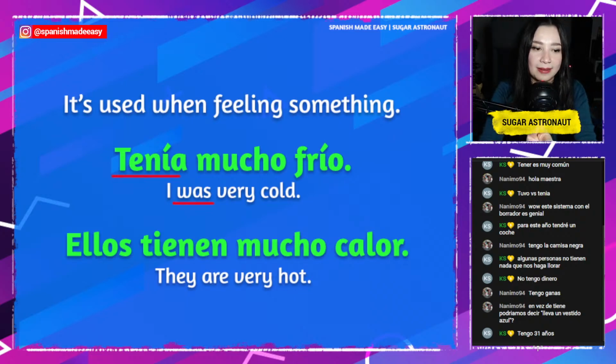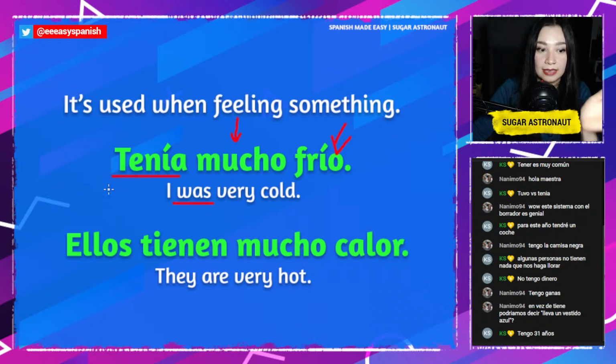But tenía mucho frío is similar to saying I was very cold. Frío, cold. Mucho, very. Tenía, in this case, I was. Remember, we don't have the personal pronoun. You're technically saying yo tenía mucho frío. Okay?